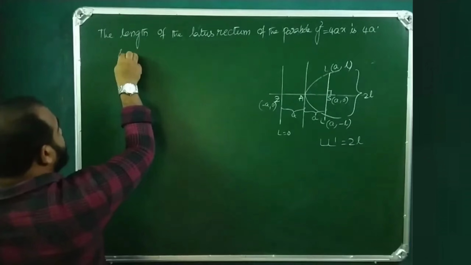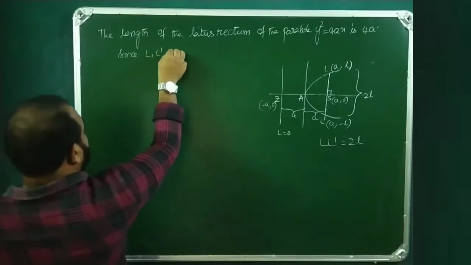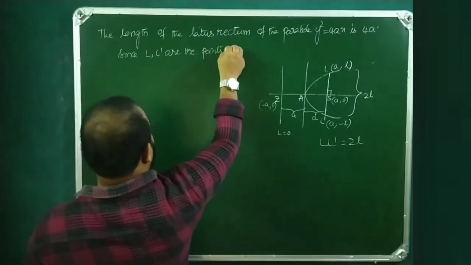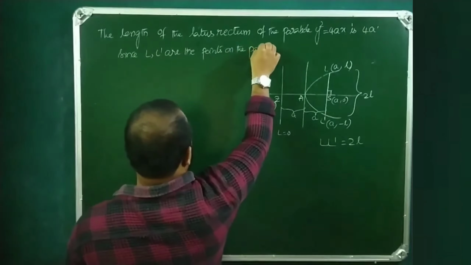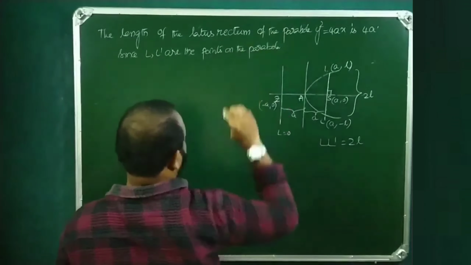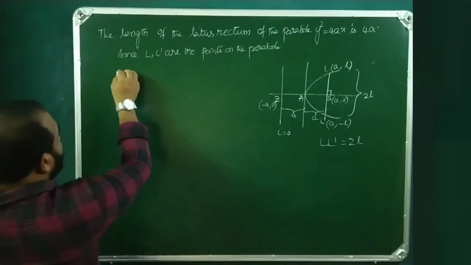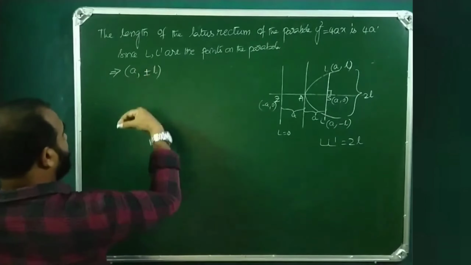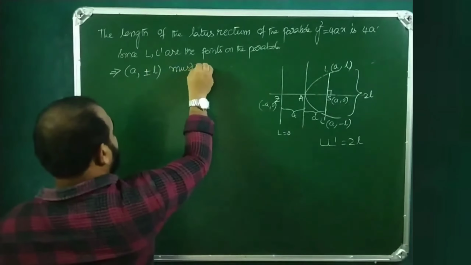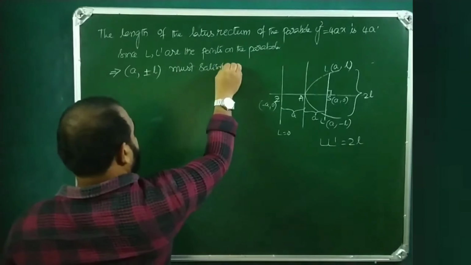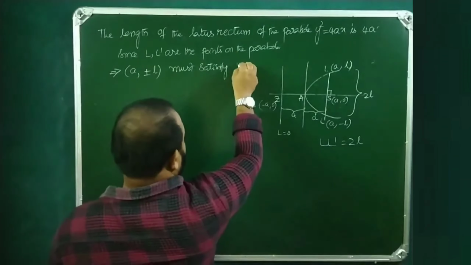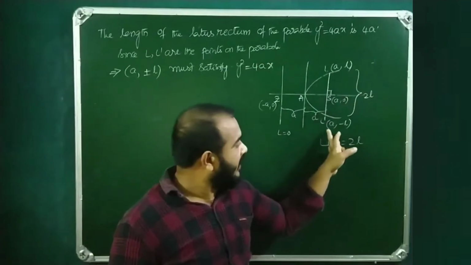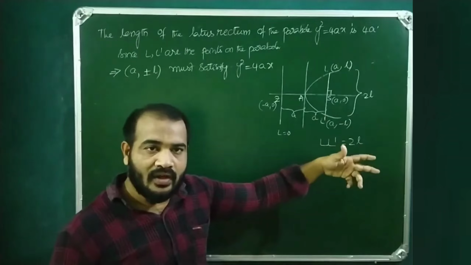Now, since L, L dash are points on the parabola, that implies (a, plus or minus L) must satisfy the equation of the parabola y square equals 4ax. (a, L) and (a, minus L): these 2 points are lying on the parabola.